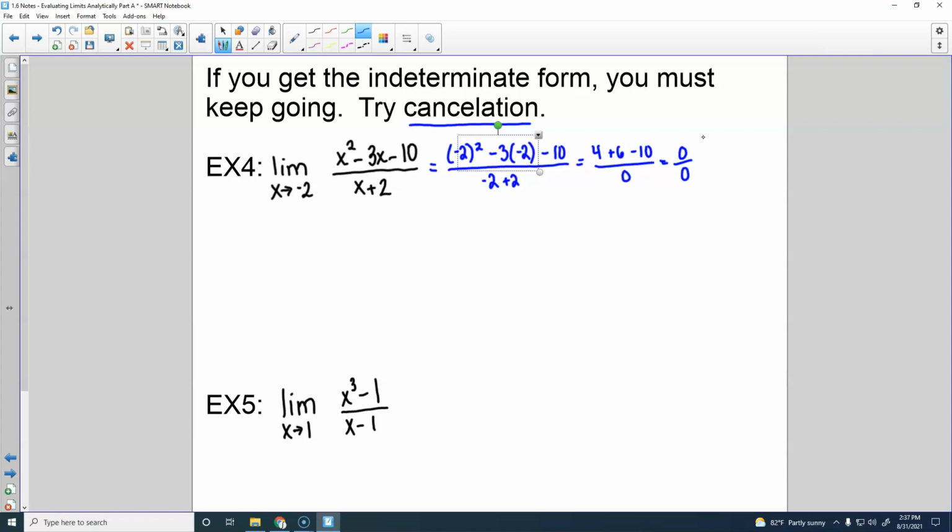There's something else I can do. What we're going to try first for this type of problem is factoring and canceling. So the bottom won't factor. Everything I just did there, you can do in your head. You don't have to write it down. The problem is a lot of times we start assuming it's 0 over 0, and then they throw in a problem that's not 0 over 0, where we could have just done direct substitution.